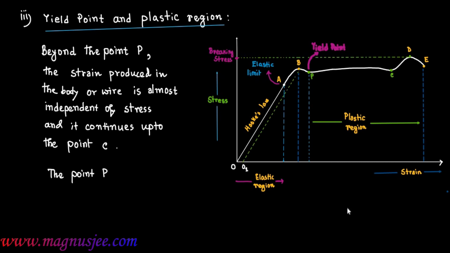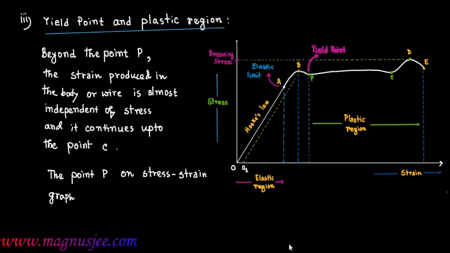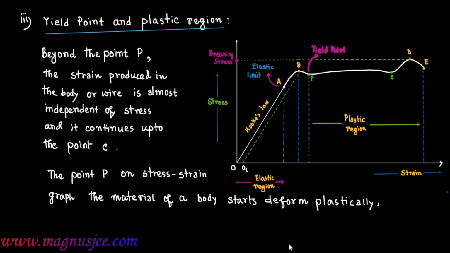The point P on the stress-strain graph at which the material of the body starts to deform plastically is called the yield point.